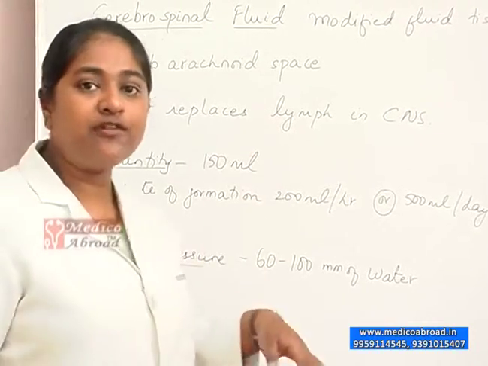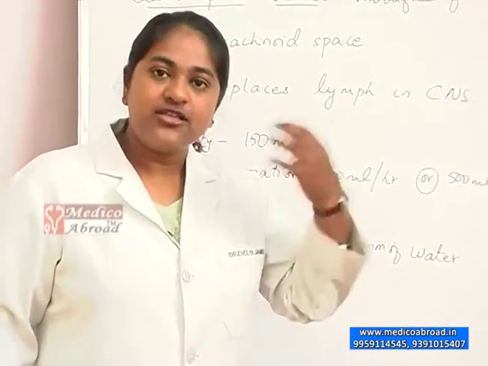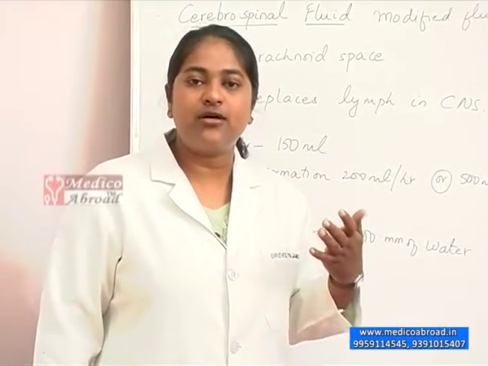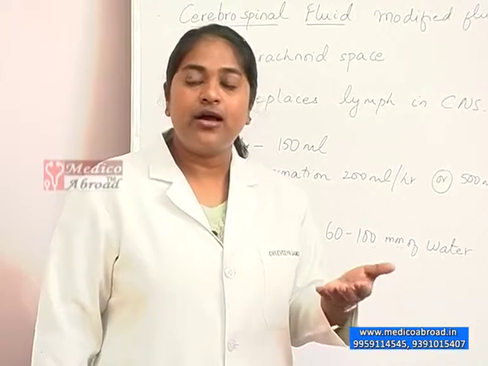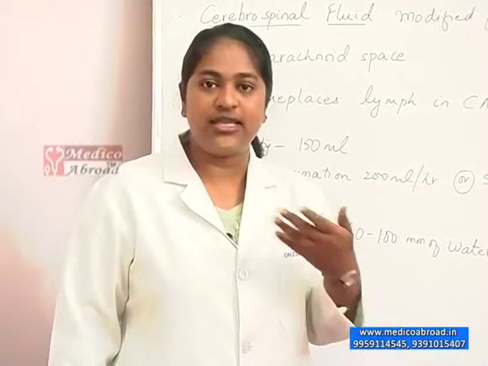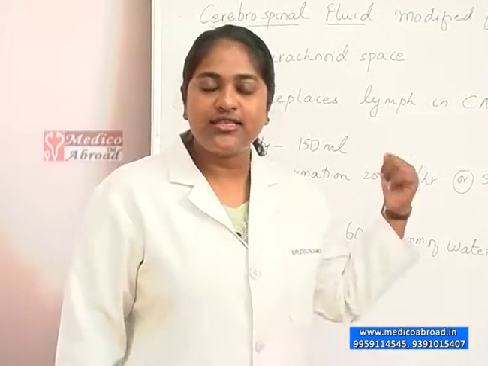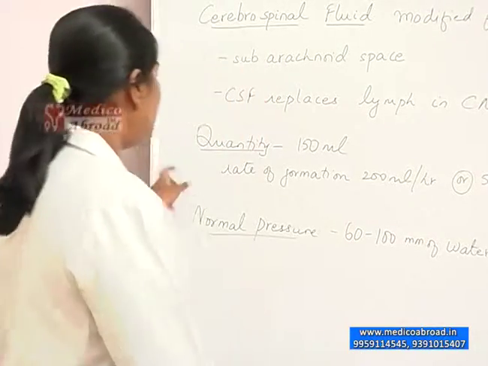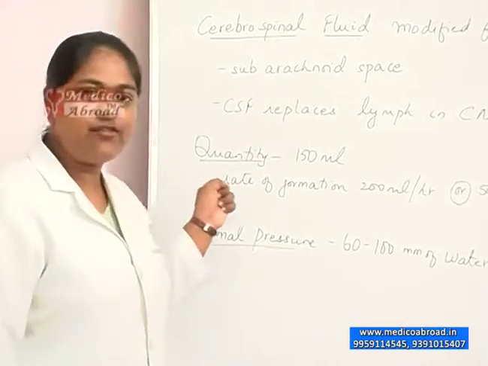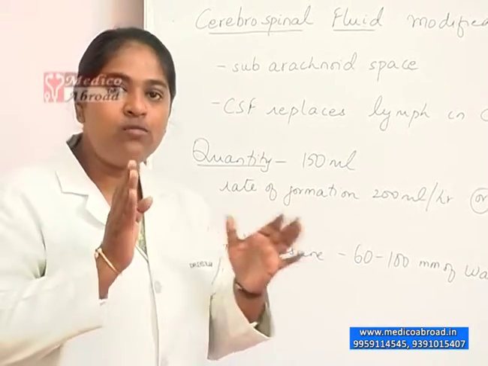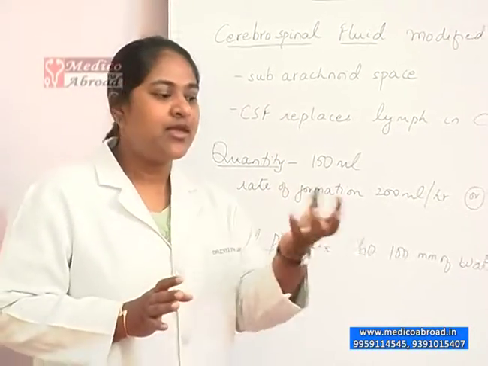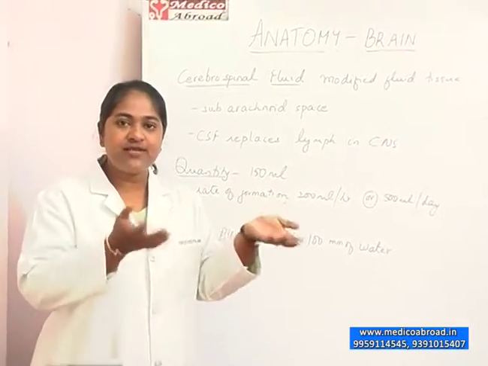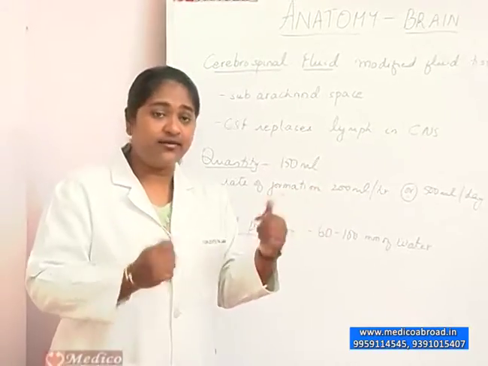It performs all the functions of lymph: circulation, nutrition, protection, all these functions that lymph performs in the rest of the body. The CSF takes over in the central nervous system. The quantity of cerebrospinal fluid is maintained almost at a constant, which means that the rate of production and the rate of absorption are constant.